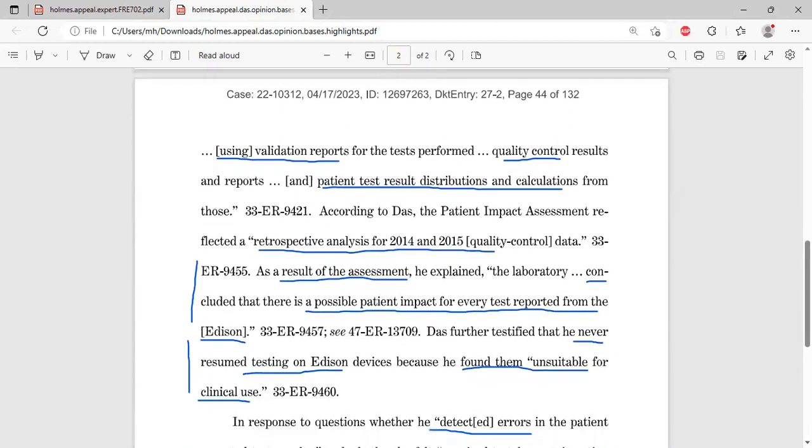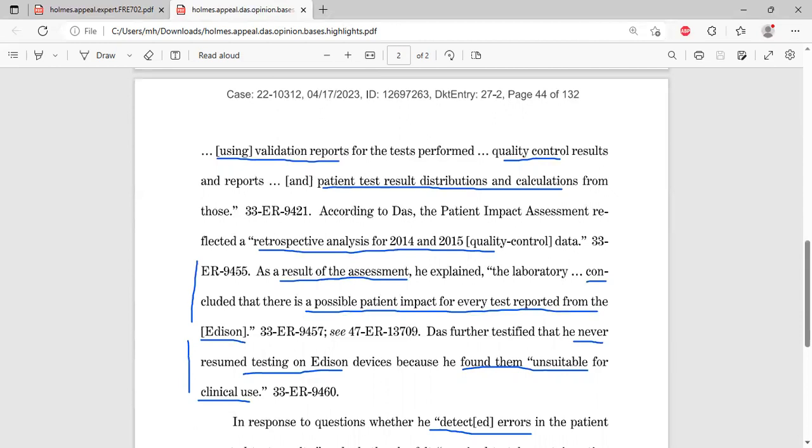He did a retrospective analysis. So, assuming he's in the lab, he's doing an analysis based on the quality control, the validation reports, the patient test result distribution and calculation. He's looking at what occurred in 2014 and 2015. Why? Because that's the time period of the indictment of when these frauds occurred.